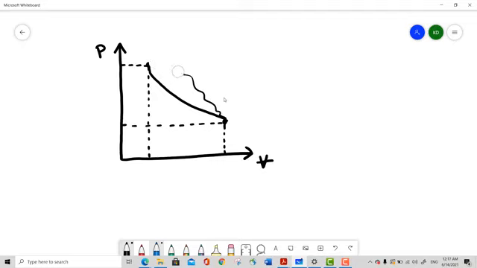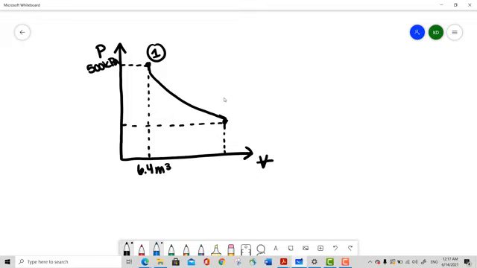But basically, don't draw a straight line because it's not linear. And the area under this curve, in between your state 1, which we know has a pressure of 500 kilopascals and a volume of 6.4 meters cubed.